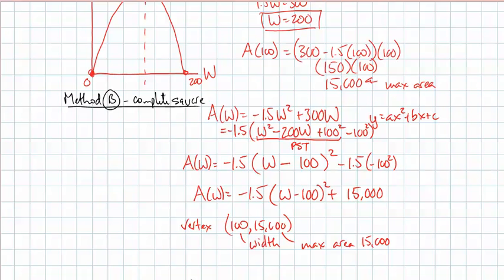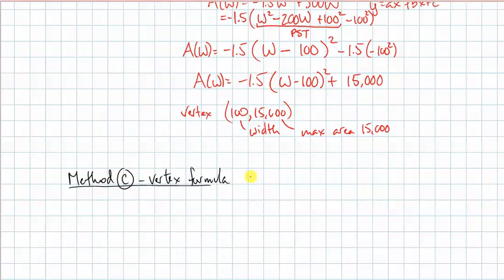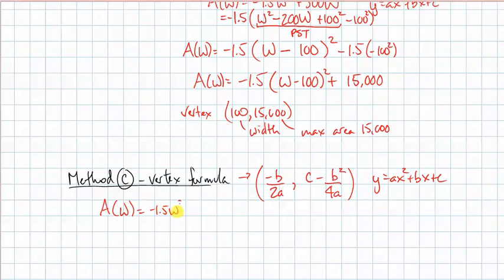There is a third method. We learned a shortcut, the vertex formula. The vertex is negative b over 2a comma c minus b squared over 4a, given the general form ax squared plus bx plus c. Now in our case, remember, we had A of w equaled negative 1.5 w squared plus 300w.